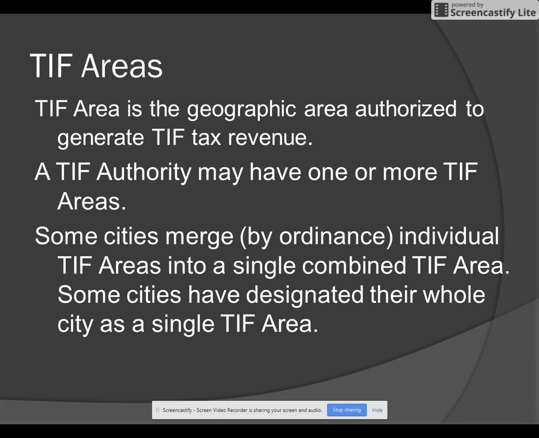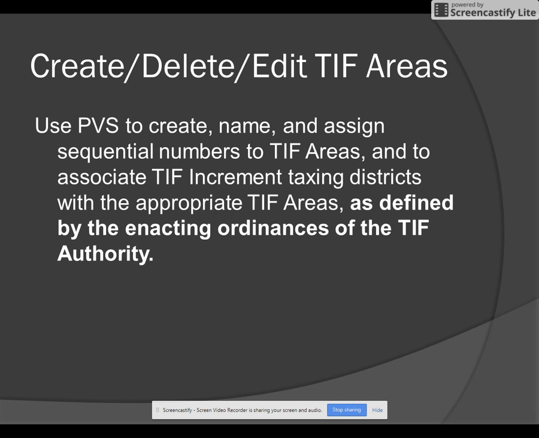So you're going to want to carefully review the urban renewal area plans that you receive for TIF within your county, and also the ordinances that are going to set up the division of TIF revenue. So carefully review those when you receive them, and if you're confused by anything you're looking at, follow up with the TIF authority and their attorney.